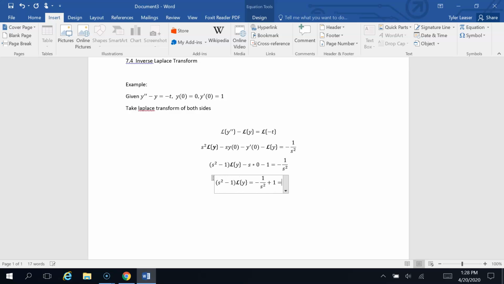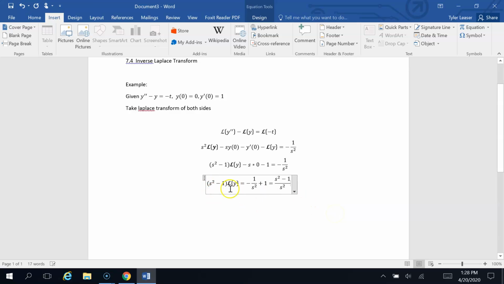We are going to combine these two together by getting a common denominator of s squared. So just to combine them and add them together, think of this 1 as s squared over s squared. We'll end up with s squared minus 1 divided by s squared, just combining these two things together.